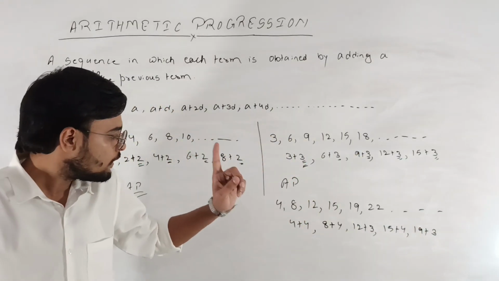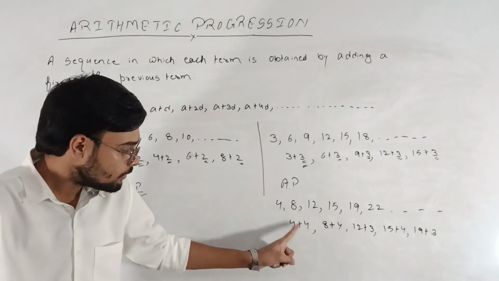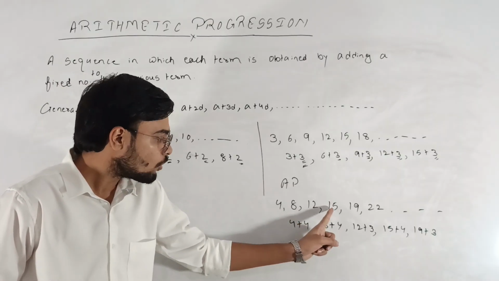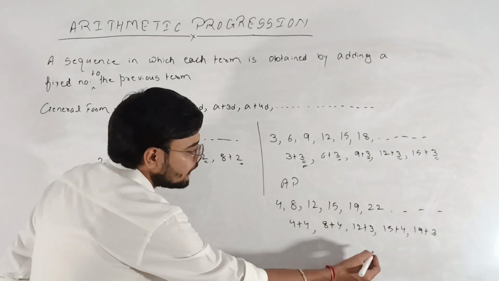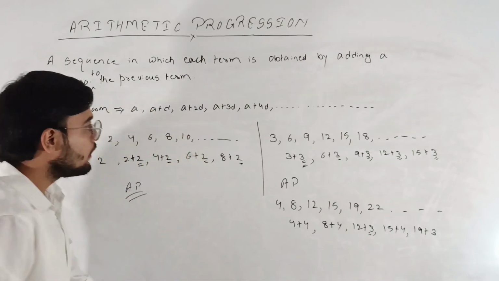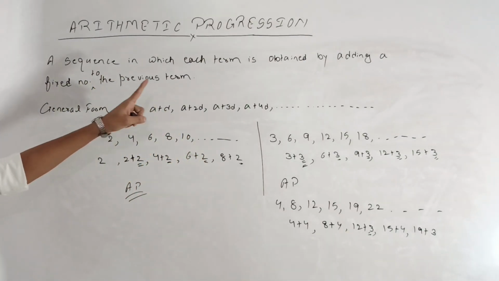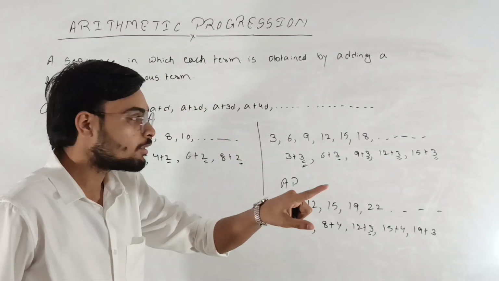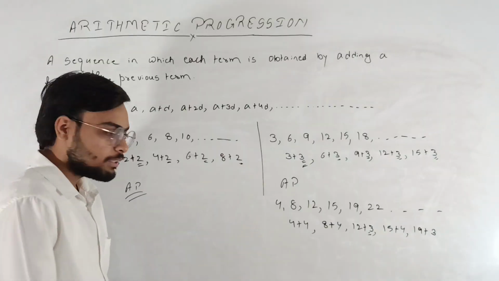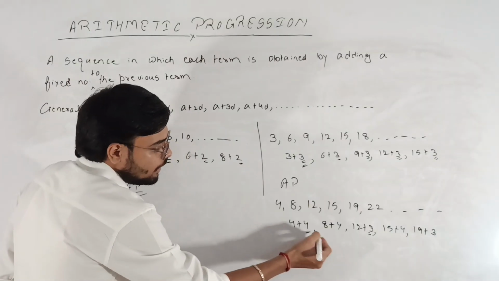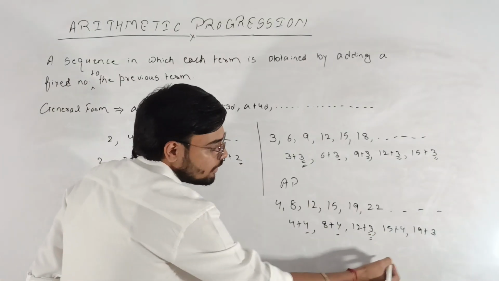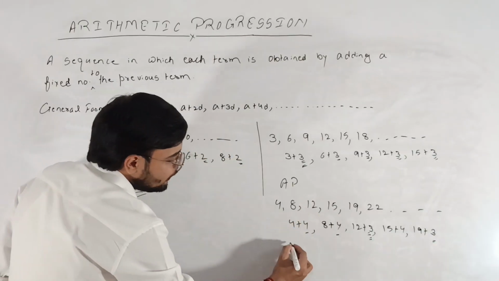Now look, first I add 4, then again I add 4, then for obtaining 15 I add 3. And look at the definition: a sequence in which each term is obtained by adding a fixed number to the previous term. In this sequence, somewhere I add 4 and somewhere I add 3. Then this sequence is not an AP.